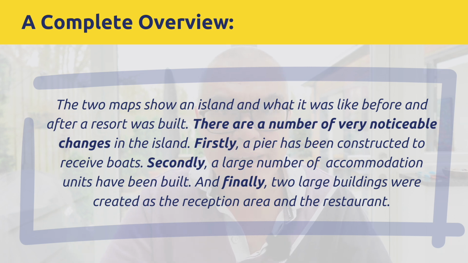Firstly, a pier has been constructed to receive boats. Secondly, a large number of accommodation units have been built. And finally, 2 large buildings were created as the reception area and the restaurant. And that is it. That is your overview.